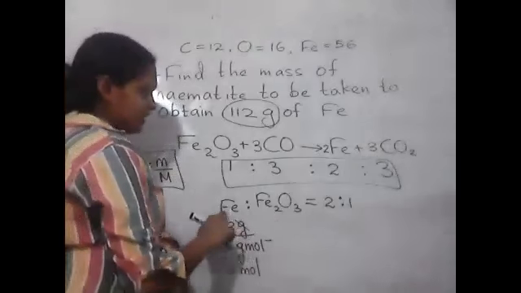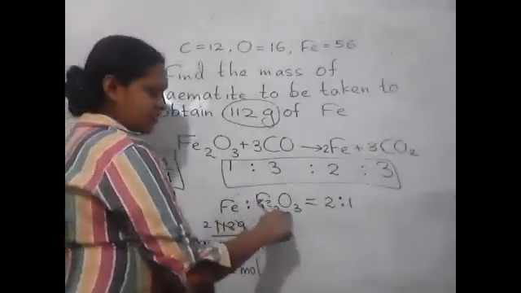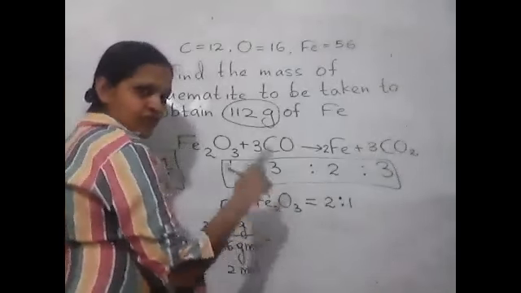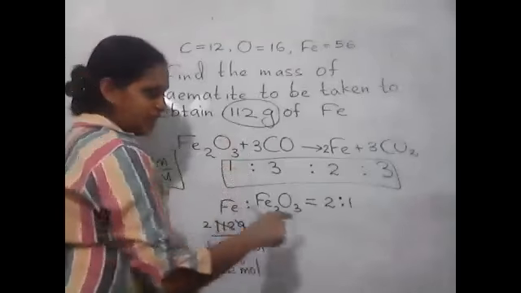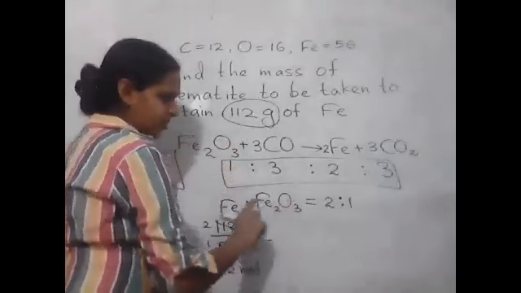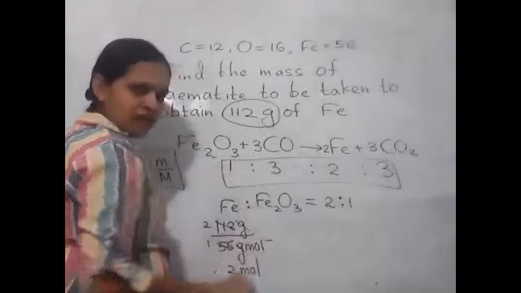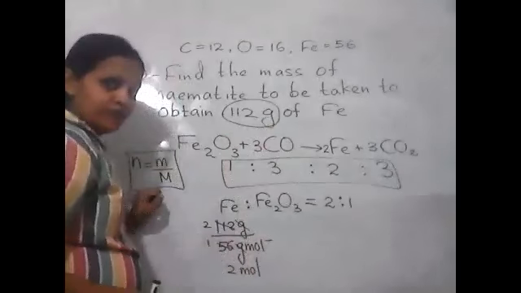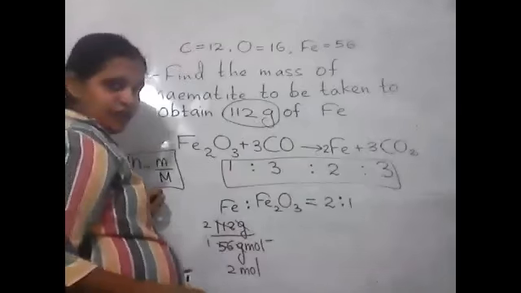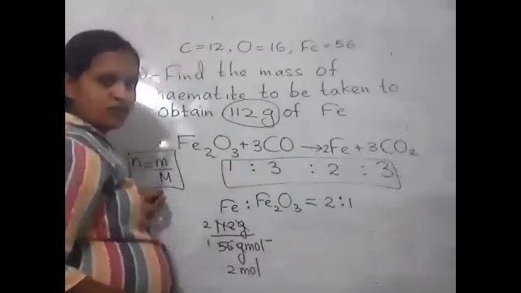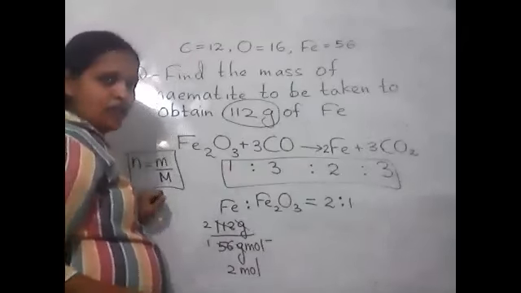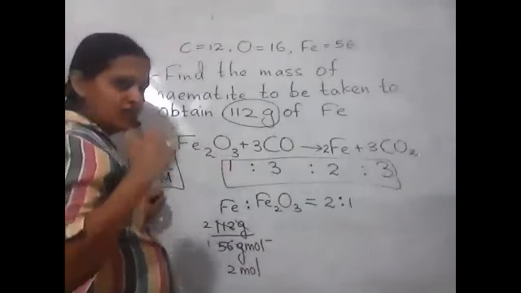Now, to get 2 moles of iron, you will have to use 1 mole of hematite according to the molar ratio. Iron is 2, Fe2O3 is 1. Now, you know the number of moles of hematite that should be taken is 1 mole.